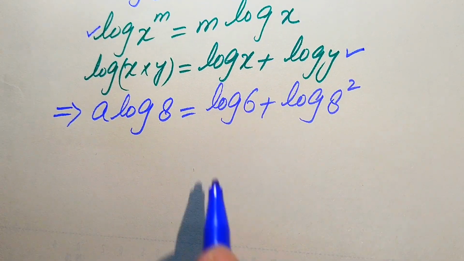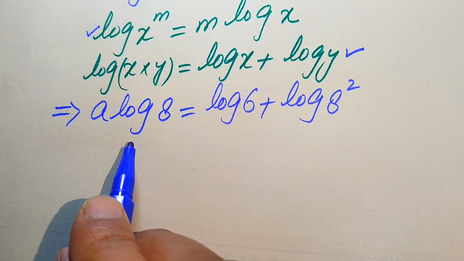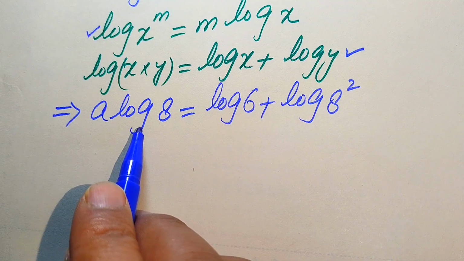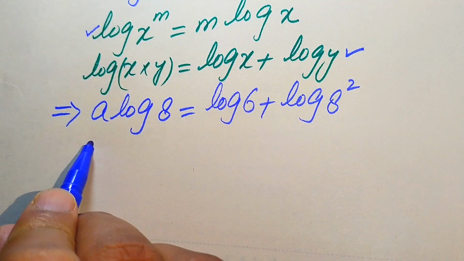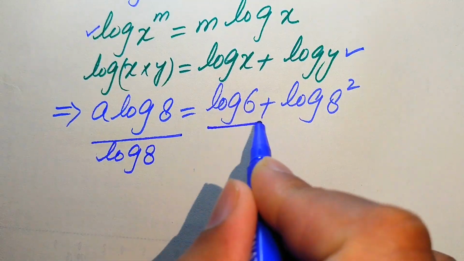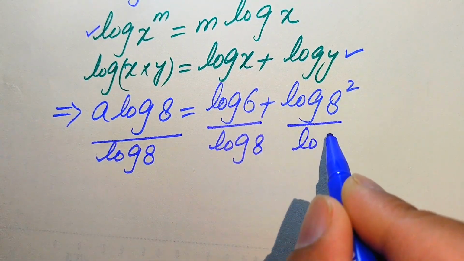In the next step, we need more simplifications, and for the values of a, we need to divide each of these terms by log 8, because we remove log 8 from the left hand side. So here we divide each of these terms by log 8 in this form.